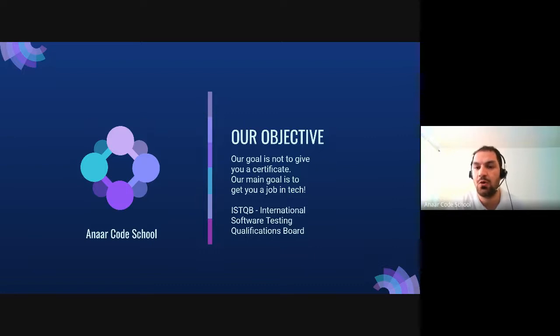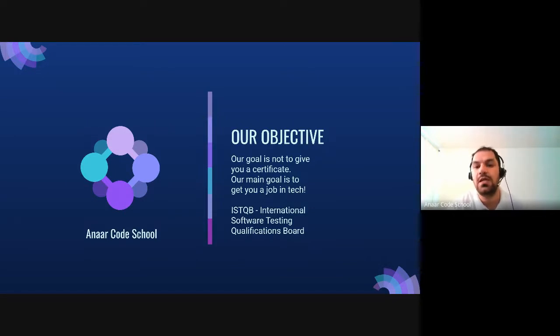That's our main goal. You might have heard that big tech companies like Google and Facebook and all of these other big companies, they don't really care about diplomas. They don't really care about college degrees and all that. Now, I'm not saying that college degrees and university degrees and all of this is not important. I'm not trying to suggest something like that.